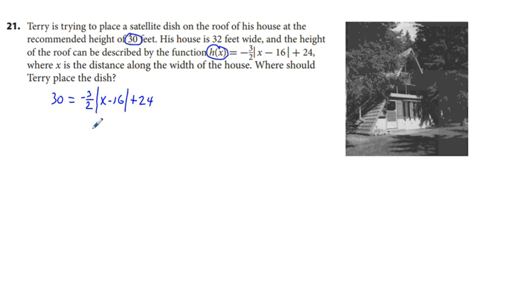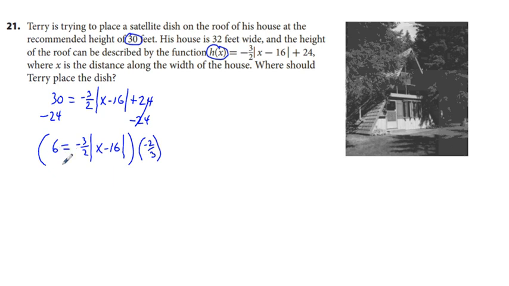We continue our solution here, and the first thing we're going to do is subtract 24 from both sides of the equation. So we get 6 is equal to negative 3 halves, absolute value of quantity x minus 16. The next thing we're going to do is solve this right side by multiplying by the reciprocal of negative 3 halves, and that's going to be negative 2/3.